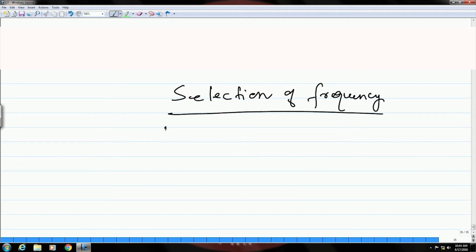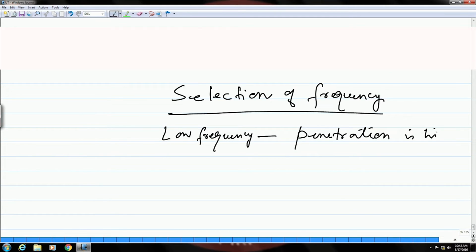So, for low frequency, the penetration depth is high, but the resolution is low.